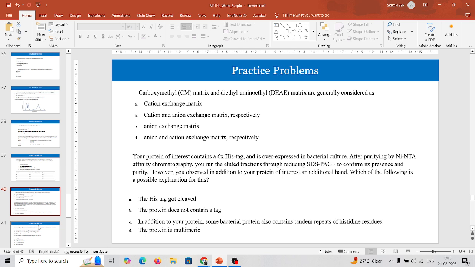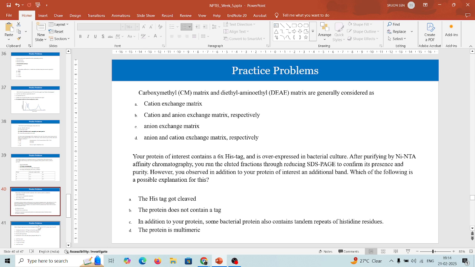B, D. So there is a confusion between B and D. So carboxymethyl and diethyl aminoethyl, right? So carboxymethyl means it has a carboxyl group, so it's negatively charged. So that matrix is negatively charged.